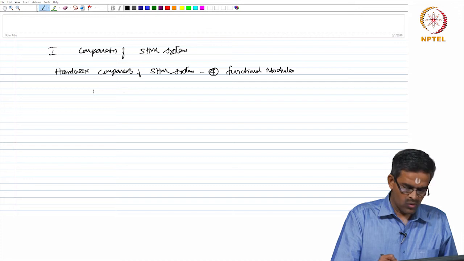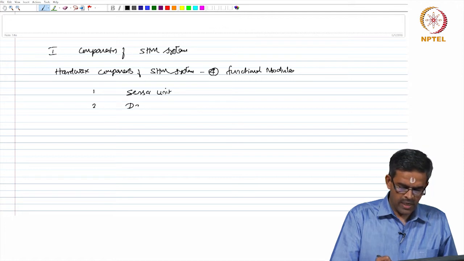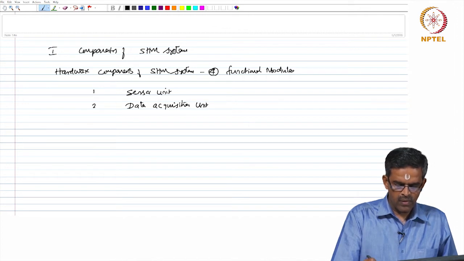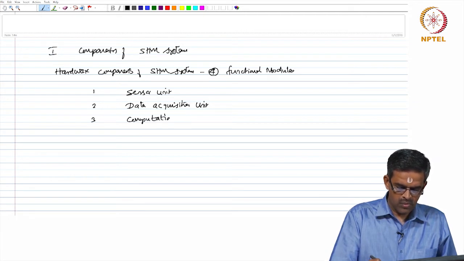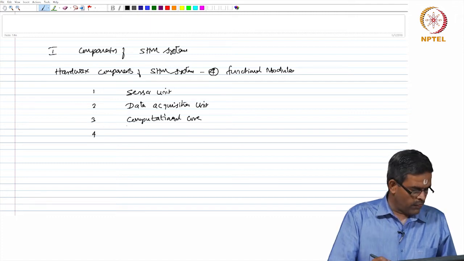One is the sensor unit, the second module is the data acquisition unit, the third module is the computational core, and the fourth module is the wireless communication channel.